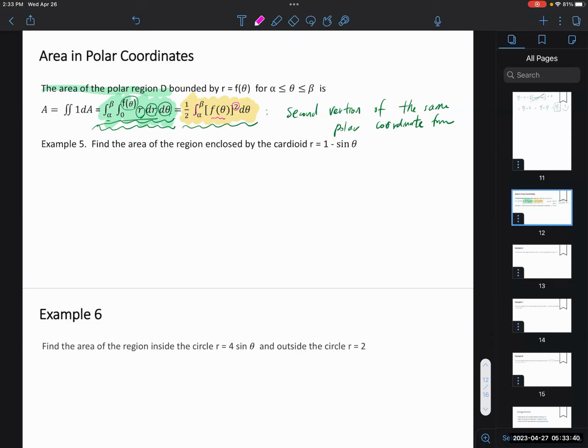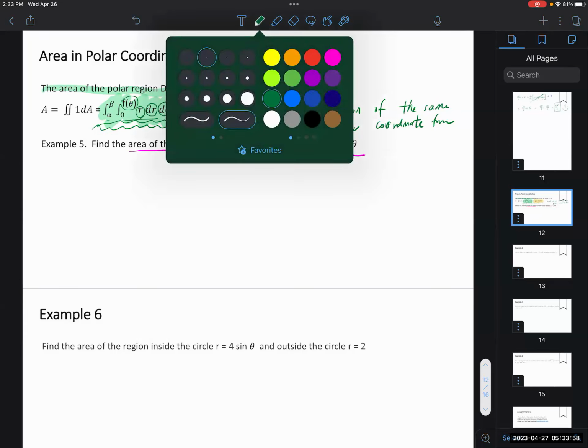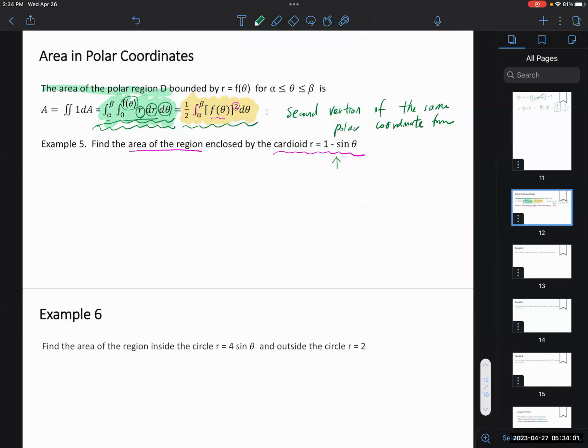Example 5. We have the region, and we want to find out the area. It is enclosed by the cardioid r equals 1 minus sine theta. So let's think about it. This is already given, right? r equals 1 minus sine theta. It means f of theta equals 1 minus sine theta.